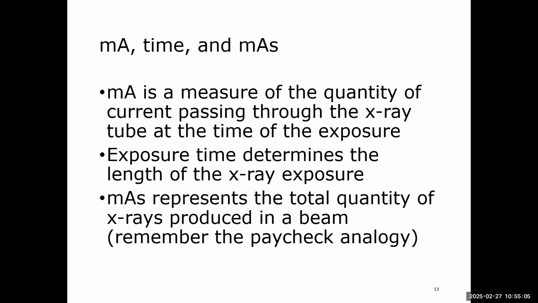We can break those down individually and talk about mA as being the current that's passing through the tube at the time of the exposure, or that's being applied to the filament at the time of exposure. The exposure time is just how long the actual exposure is happening. And mAs represents the total quantity of x-rays produced in the beam.